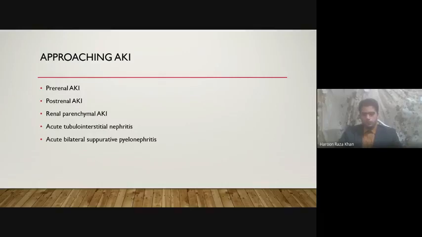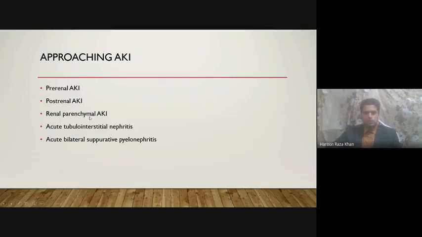That is the most common cause of AKI. Other causes include diseases that affect the intrarenal arteries and arterioles, as well as the glomerular capillaries, or some embolism or hemolytic uremic syndromes can also lead to this condition.